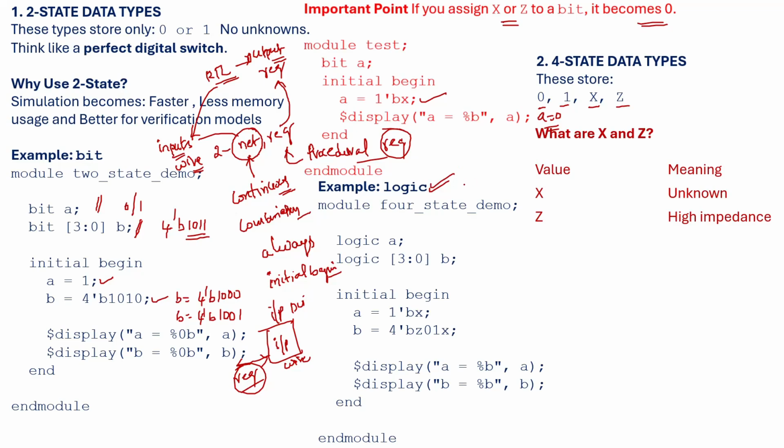Clear? The logic data type can act as a wire type whenever a wire is required, and whenever a register data type is required, it will act like a register. That means logic can store both continuous and procedural assignments.